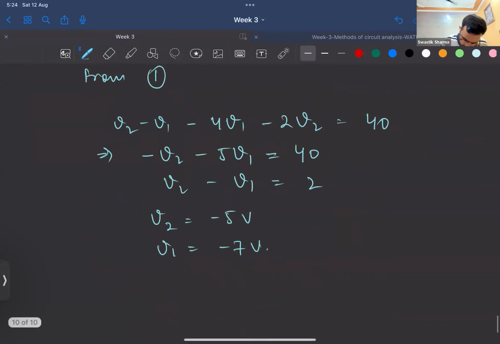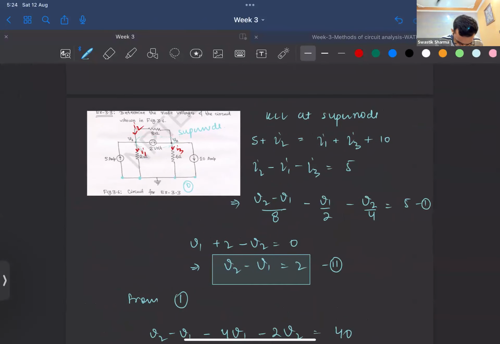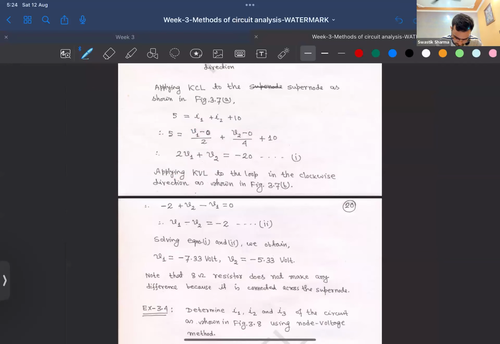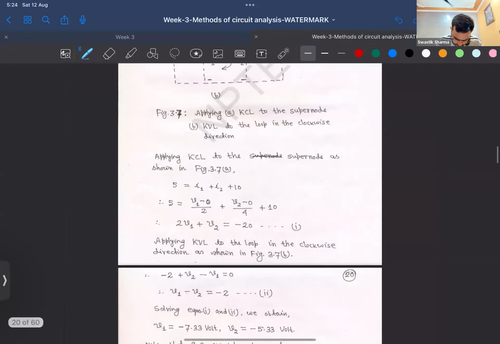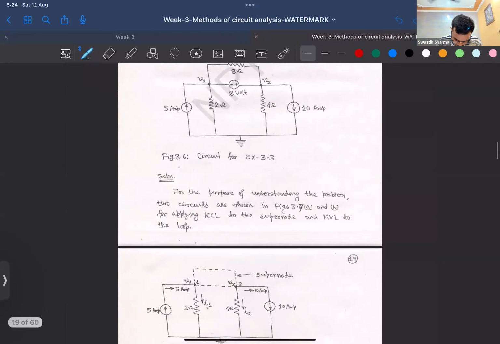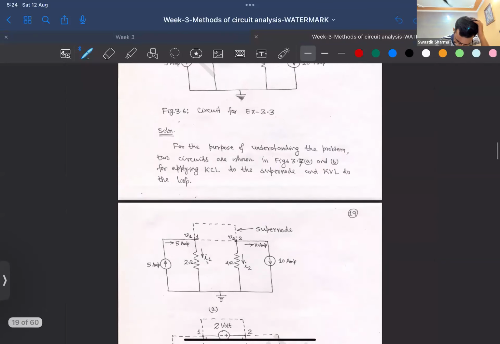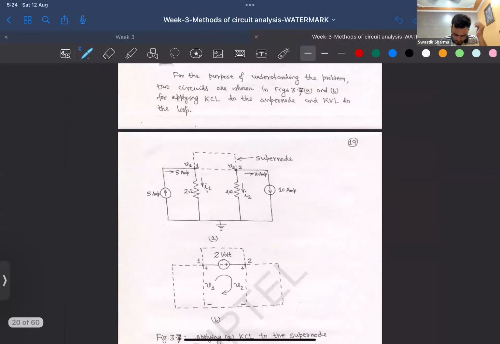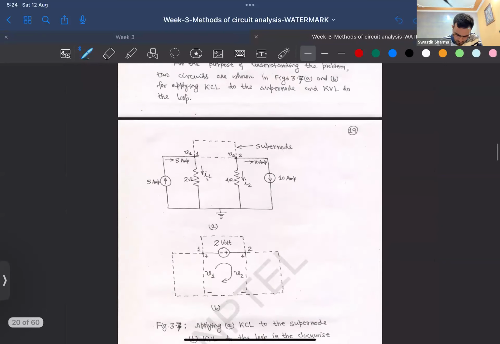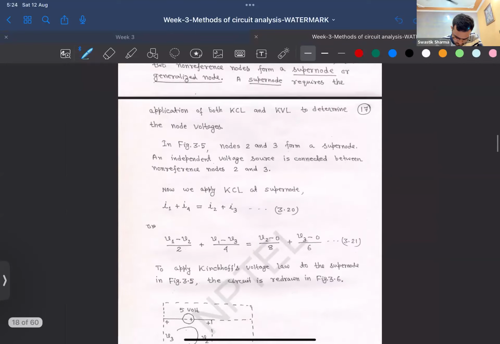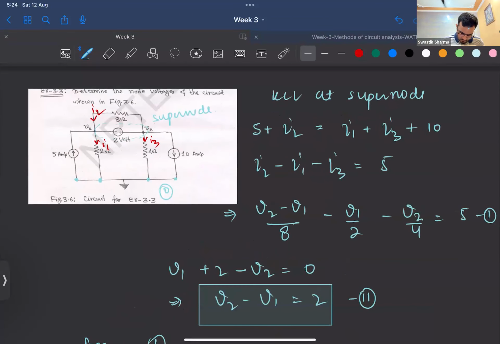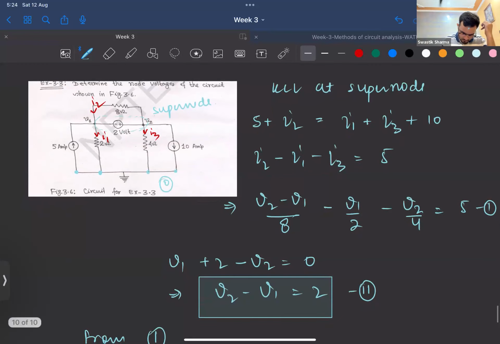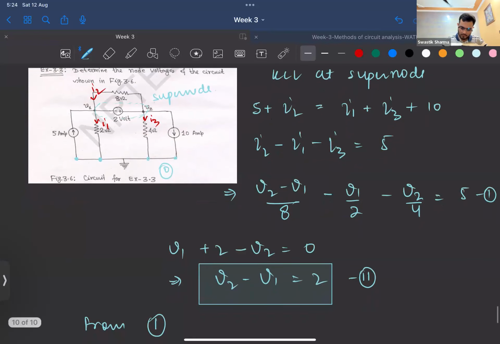So there must be some calculation error. Let me see. V2 minus V1 by 8 minus V1 by 2 minus V2 by 4 equal to 5, right? Oh yeah, I made a blunder.